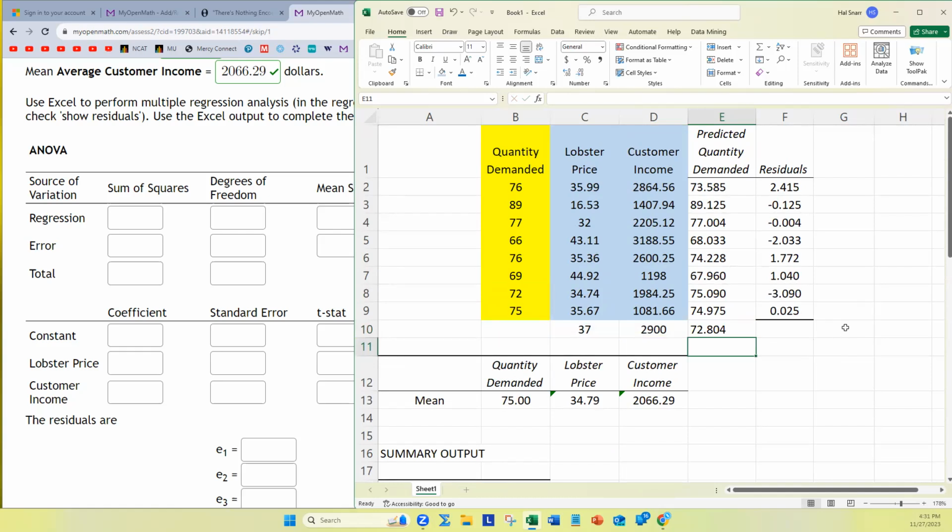Now, what about the residuals? How do we get the residuals? I like to call them estimated errors. I'll just call them errors, but they're estimated errors, right?